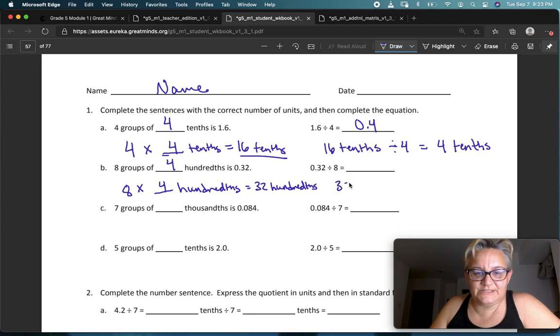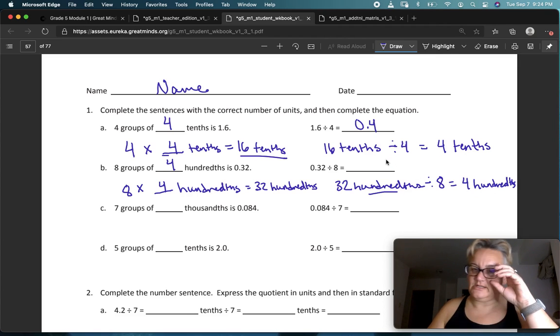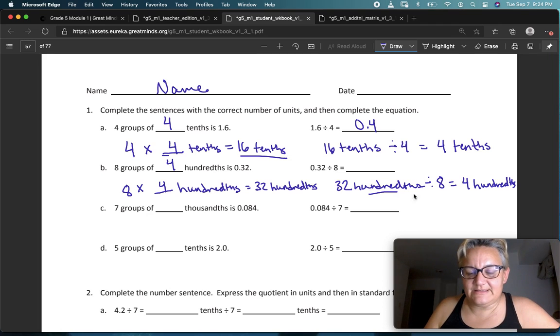So now we've got 32 hundredths divided by 8 equals 4 hundredths. I'm just treating that like a label, right? Like kilometers or grams. And now I just rewrite it back in standard form as 4 hundredths.